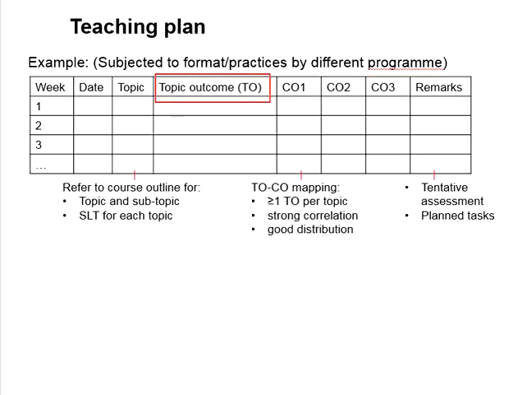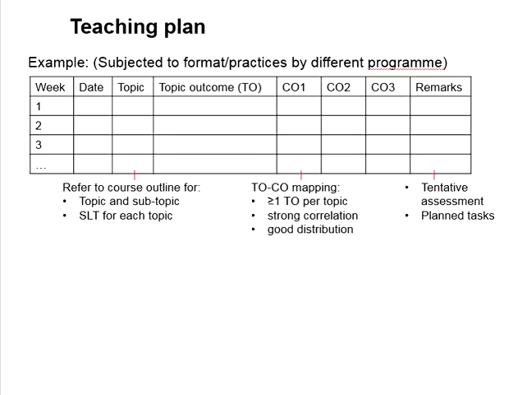However, when your topic outcome is not strongly correlated to the course outcome, whatever feedback you get in terms of their achievement and performance has no strong correlation to their ability to attain their respective CO at the end of the semester. Now it goes back to the problem: why do you need the topic outcome in the first place when the most important function of the topic outcome is not there?